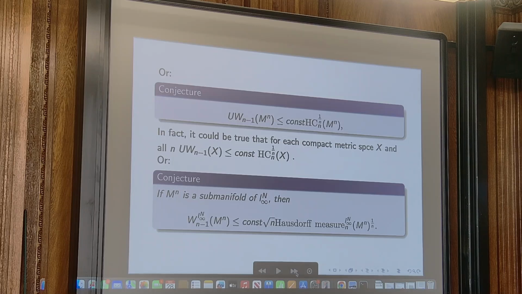If we could embed M^n into L infinity of M^n, and then approximate it by a Lipschitz map into a finite dimensional L infinity space, and if we were able to prove the inequality for the widths in this L infinity^N, with constant square root of n involving Hausdorff measure with respect to L infinity^N of M^n to the power 1, then we also get the optimal constant in the Gromov systolic inequality. And here are the first two of the main results in this talk.